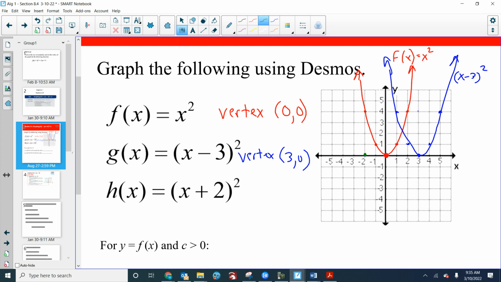Every point goes 2 to the left. And it should look like that. What's my new vertex? I think you said it, Zach. Negative 2, 0.